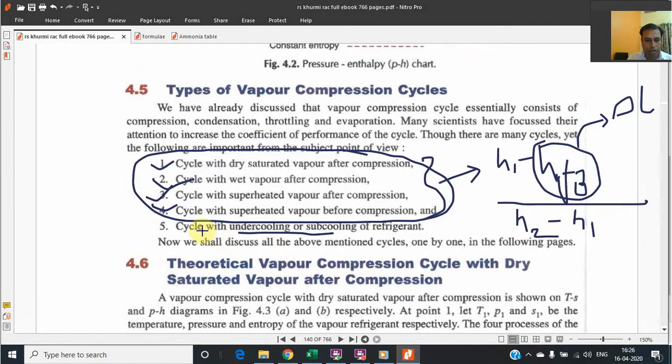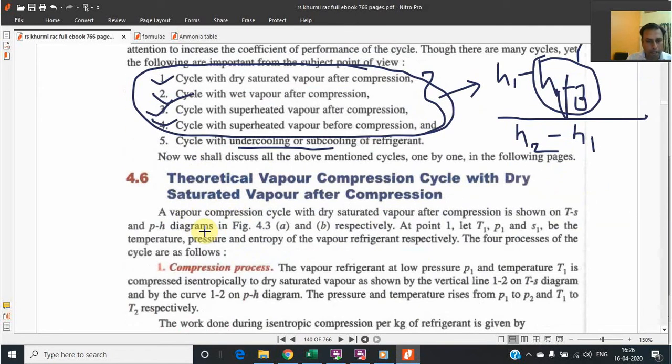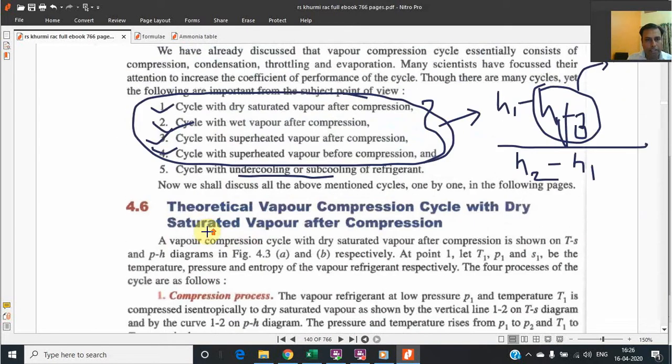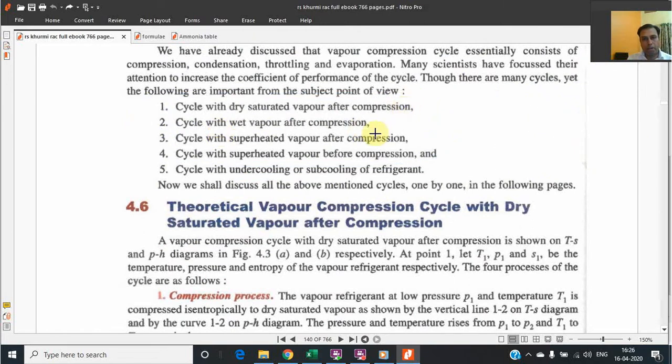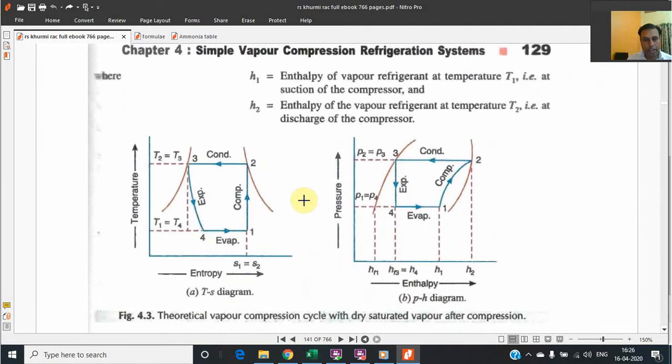So we are going to cover these 4 processes, starting with the first case, that is the cycle with dry saturated vapor after compression. I have told you earlier also that the 4 processes are compressor, condenser, expansion and thereafter evaporation.